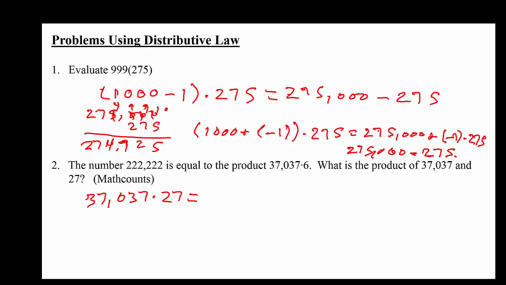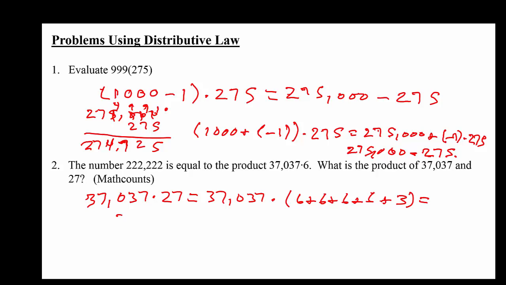27 is 6 plus 6 plus 6 plus 6 plus 3. So let's rewrite the 27 as 6 plus 6 plus 6 plus 6 plus 3, or 6 times 4 plus 3. And now we can do distributive on this, right?